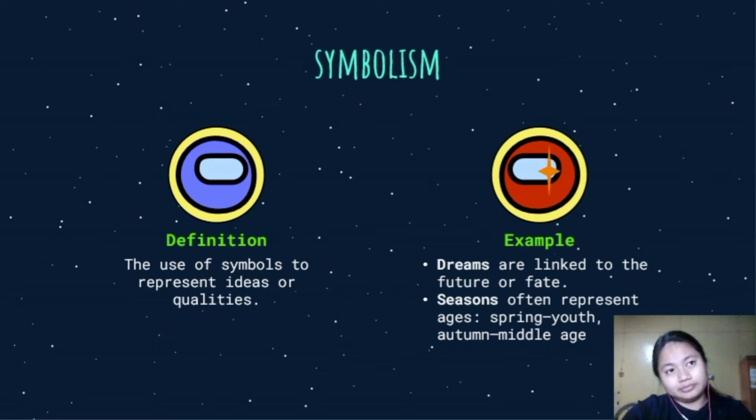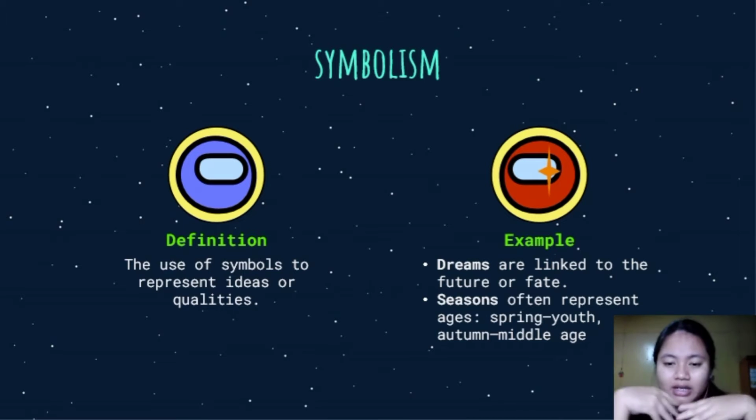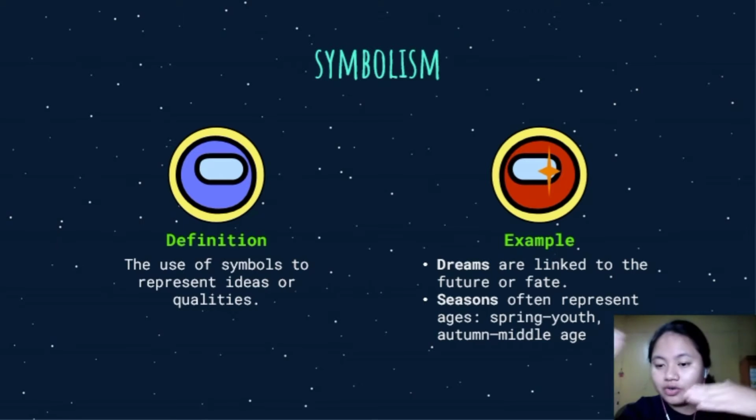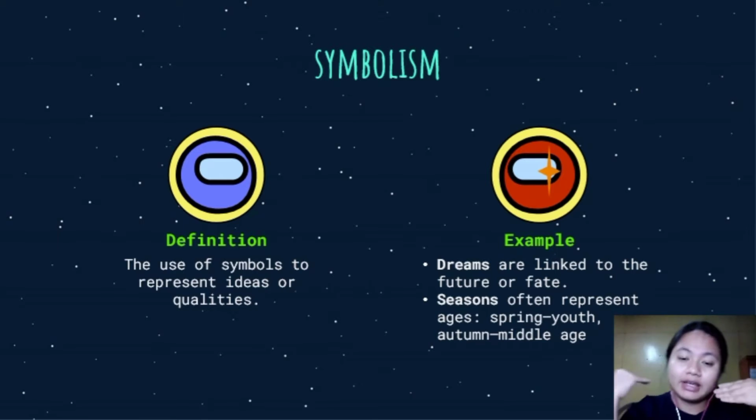For example, Ali dreams to have freedom in his future life. So the dreams in this context indicate how Ali wants his future or fate to be like.